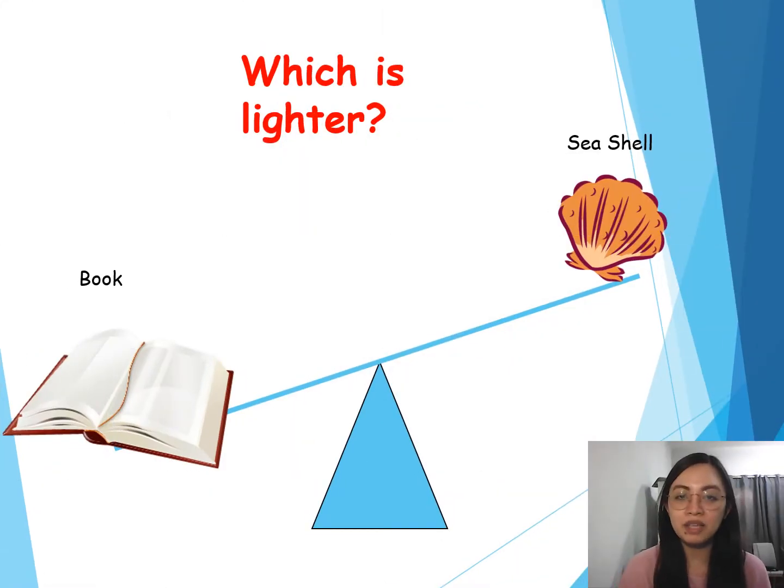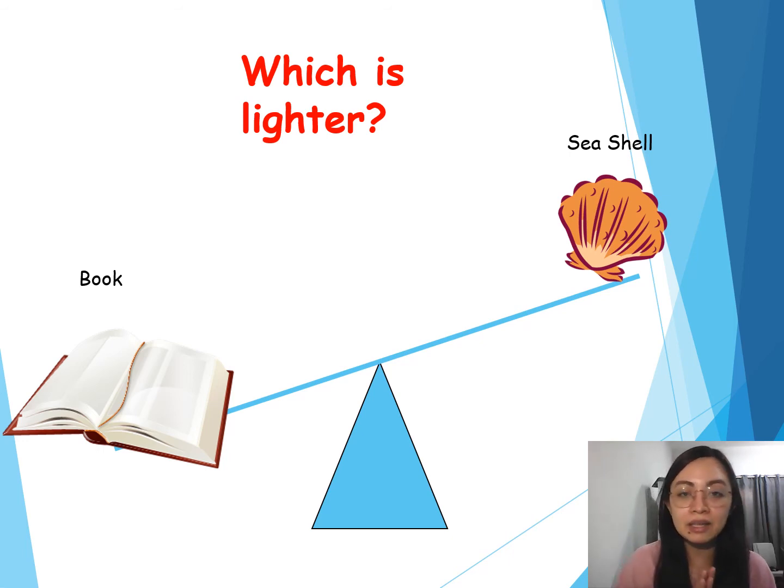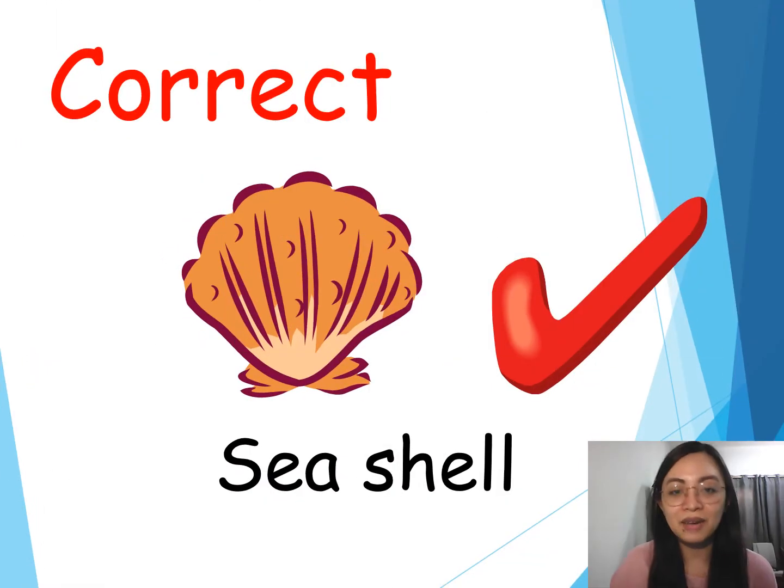How about this one? Which is lighter? Remember, when the object is light or lighter, the weighing scale goes up. If the object is heavy or heavier, the weighing scale goes down. So which is lighter, the book or the seashell? The correct answer is the seashell.